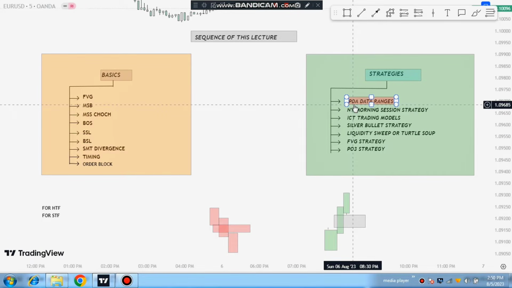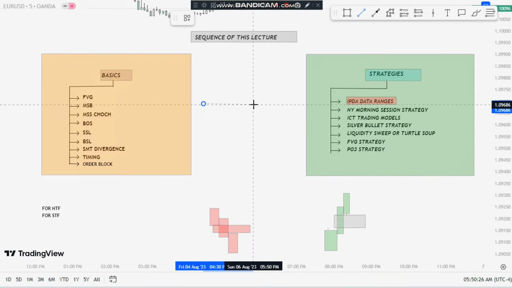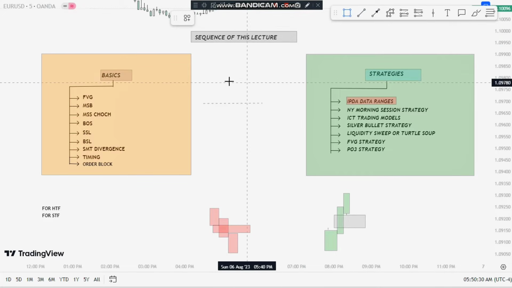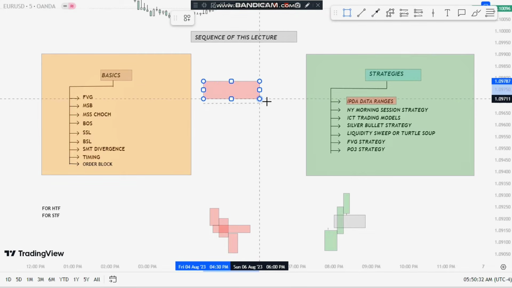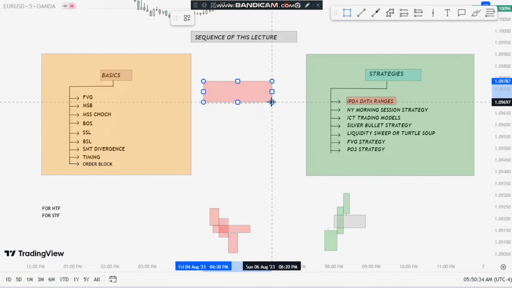We will use these data ranges in all of these trading strategies because they give you an idea of the market, whether it is in premium or in discount. The premium market is like this, I will draw it. So this is a line. Now what is premium? Premium is when the price is in a higher range, and in the premium range you expect the shorts to work for you.